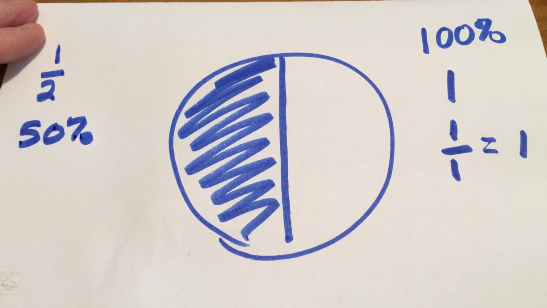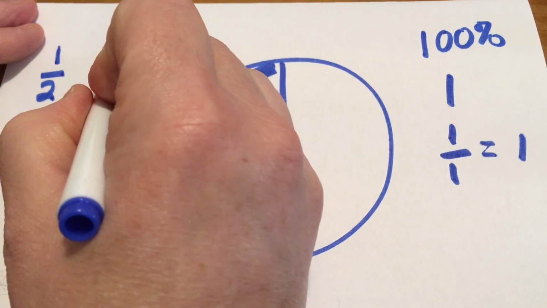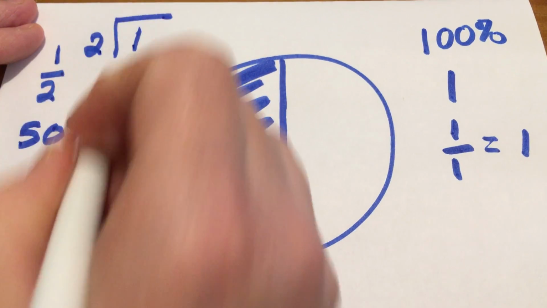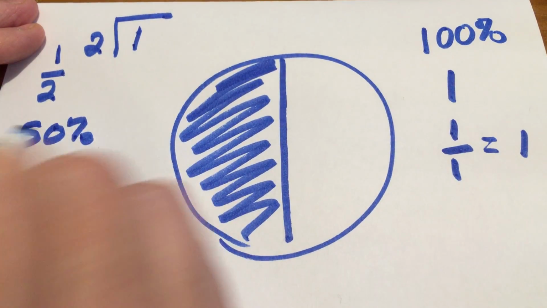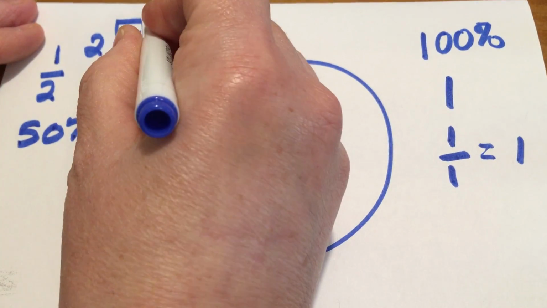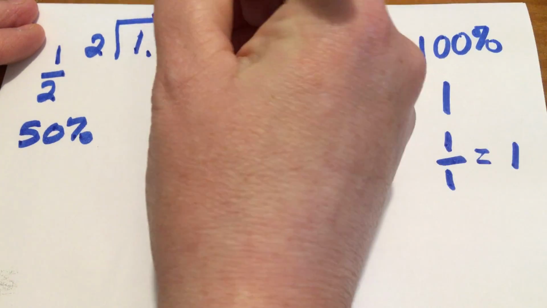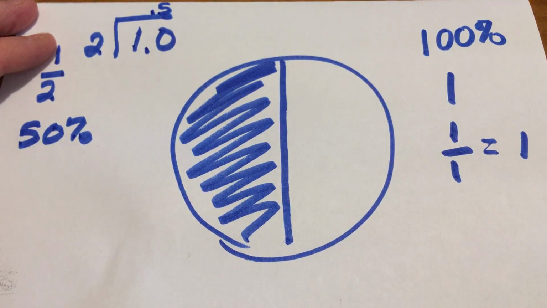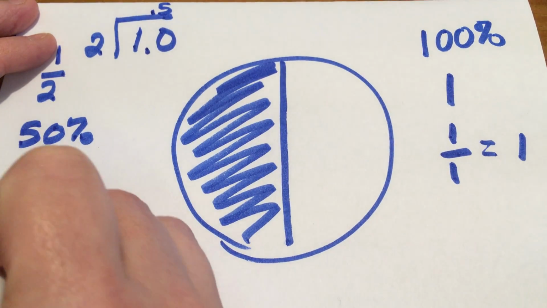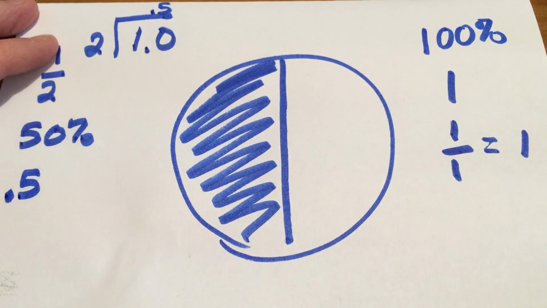But if you didn't know, you would have to take that fraction and divide it. So you'd go 1 divided by 2. Can 2 go into 1? No. So we put a decimal here, and we put the decimal up there, and we add a 0. Can 2 go into 10? Yes. 5 times. So our decimal is 0.5. Okay?